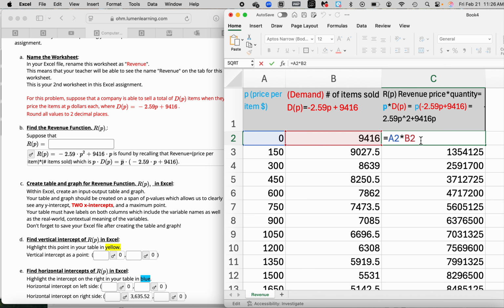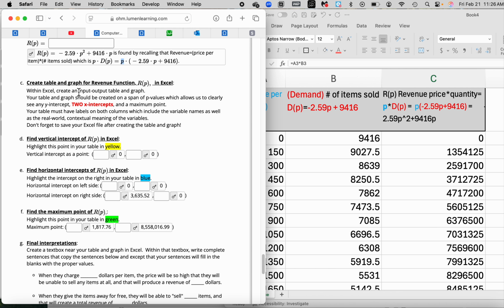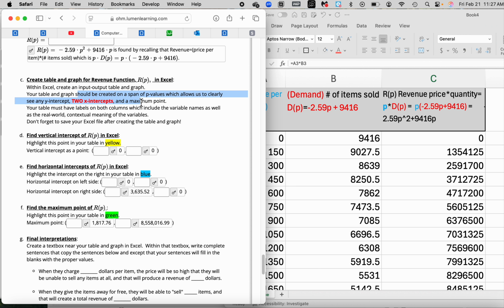Like I said, when I put it into Excel, I can just do P times Q, column A, which is where my prices are, times column B. All right, so now it says create a table. We've done that for the revenue function in Excel. And it says make sure that your input-output table spans P values so that you can see two intercepts.